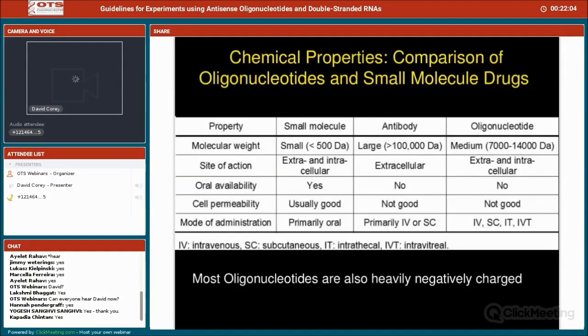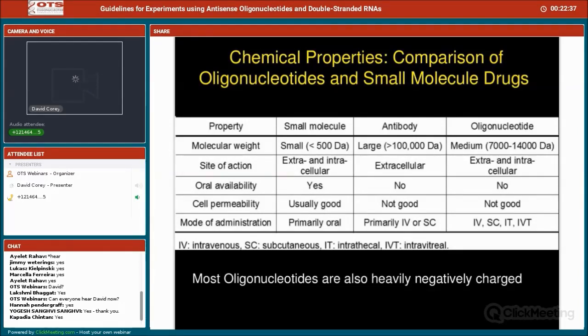Okay, so it's worthwhile comparing oligonucleotides to standard small molecule drugs to remind ourselves what the challenges were when people first began developing these as nucleic acid therapeutics. Small molecules in general are small. Many times they are orally bioavailable. They're under around 500 in molecular weight. They're usually uncharged. Antibodies are larger. They've also been very successful in the last decade or so.